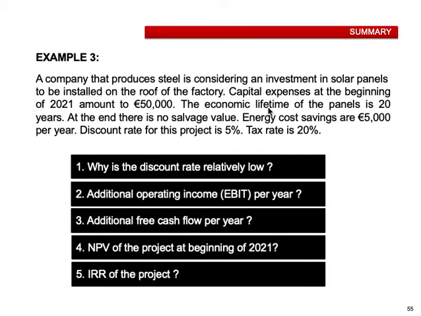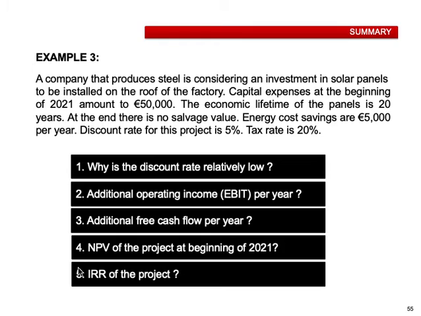The economic life is 20 years. At the end, there is no salvage value. So we can't sell the underlying asset for anything at the end of the economic life. The energy cost savings, so the incremental savings, are 5,000 per year. The cost of capital is 5% and the tax rate is 20%.